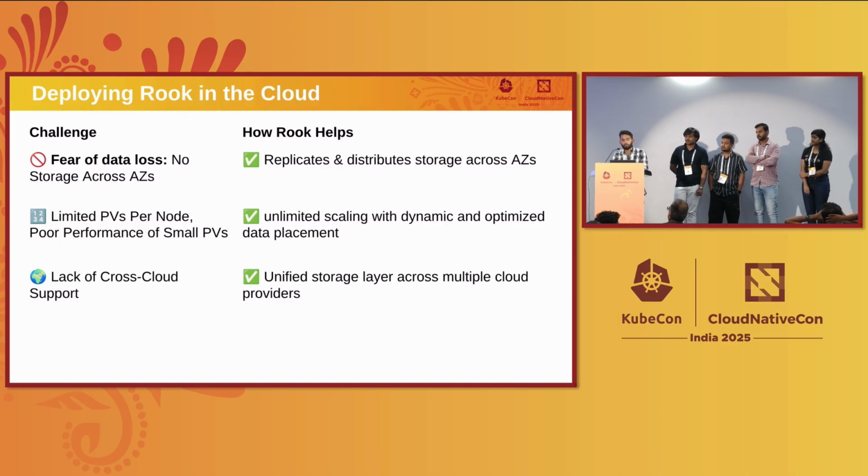It also solves the problem of having a limited number of PVCs per node and poor performance for smaller PVCs. As I mentioned in previous slides, Ceph does unlimited scaling. You can scale out and scale up dynamically without any downtime. It also supports multiple clouds and bare metal, and it can be hybrid too.